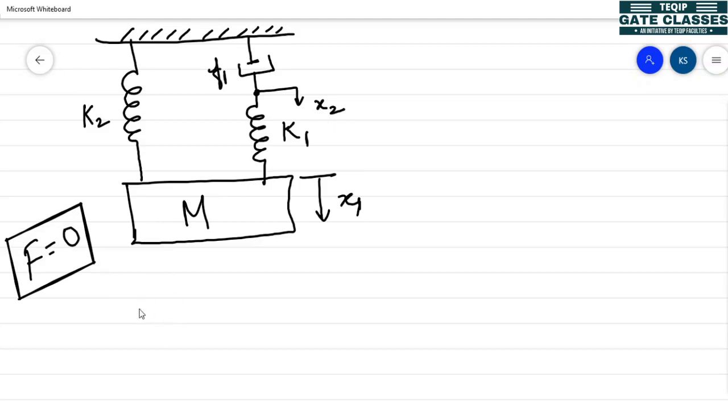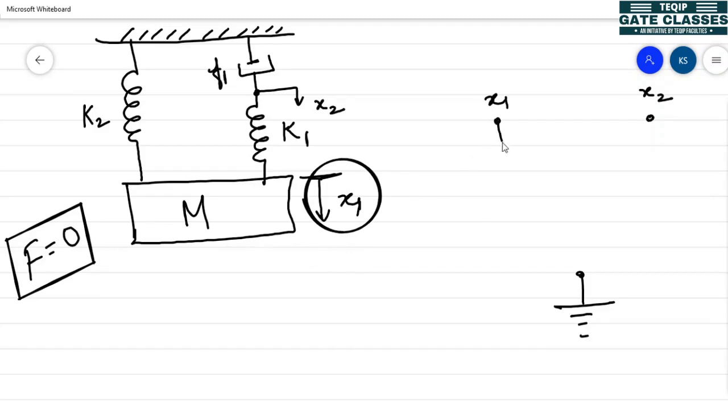So to make a mechanical network, you just have to identify the principal nodes. We can observe that there are two principal nodes in the system because there are two displacements. So there are two principal nodes, and you have to make one reference node. So I make one reference node and two principal nodes. Mass is always connected between the principal node, the node which is connected to the mass, and the reference node.